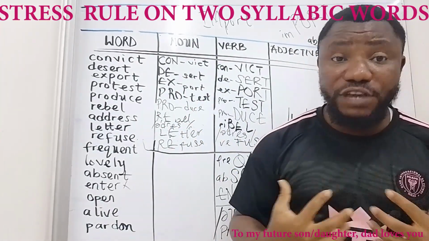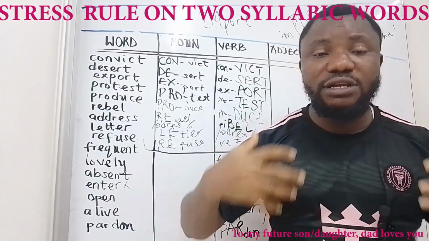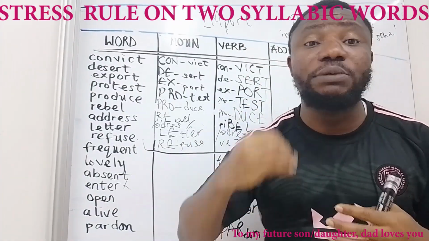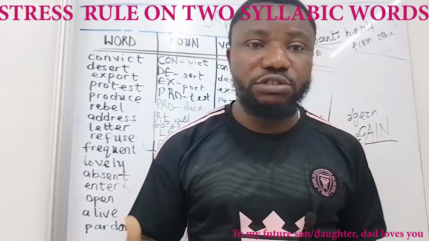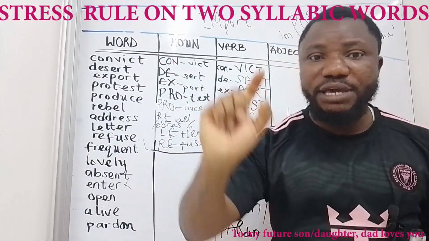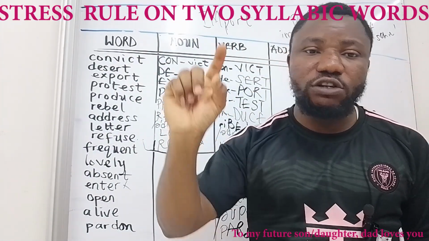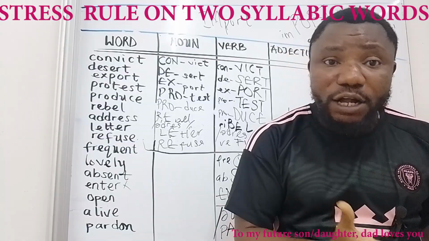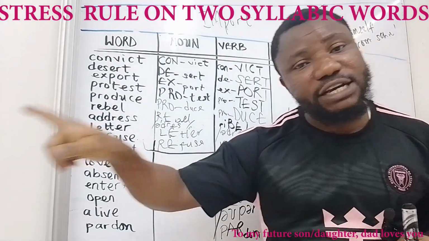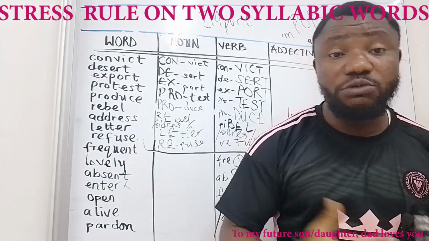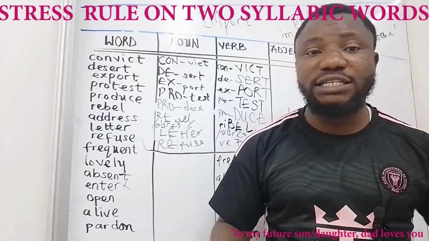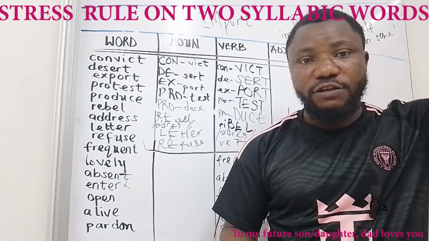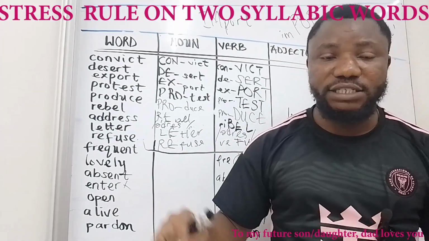If anything, I'm convinced that in this class we've learned how to pronounce words, so I have to place stress on words with two syllables. Remember, a two-syllabic noun will take a stress on the first syllable. A two-syllabic verb will take a stress on the second syllable. A two-syllabic adjective will take a stress on the first syllable, such as frequent.